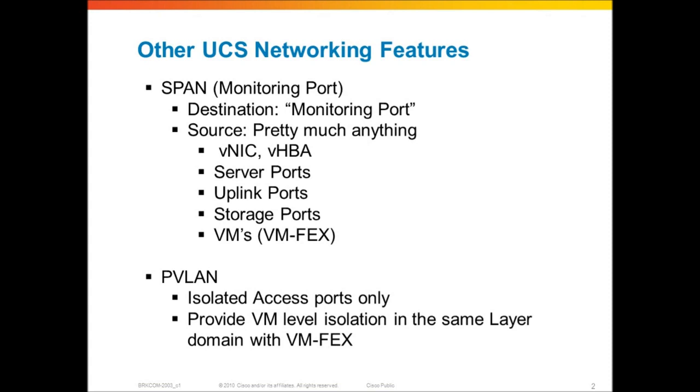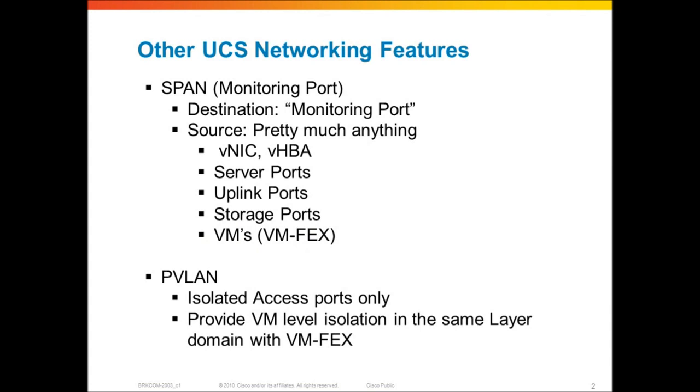Well, UCS with SPAN has really taken this to a whole new level, in the sense that not only can you choose a physical interface as a source port, but since everything is centrally and logically connected to the Fabric Interconnect, remember, with all those virtual cables and virtual adapters connecting to a virtual port on the Fabric Interconnect, now individual vHBAs, individual vNICs per server, and individual VMs, for example if you're using the VM-FEX technology, can be potential sources of a SPAN session.